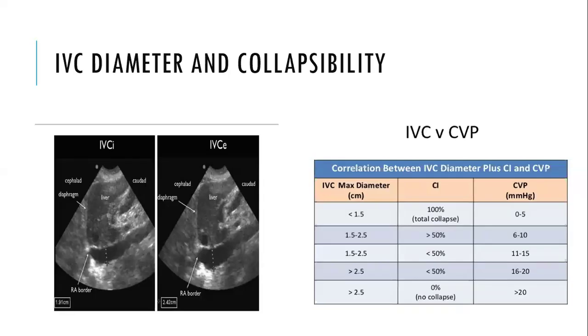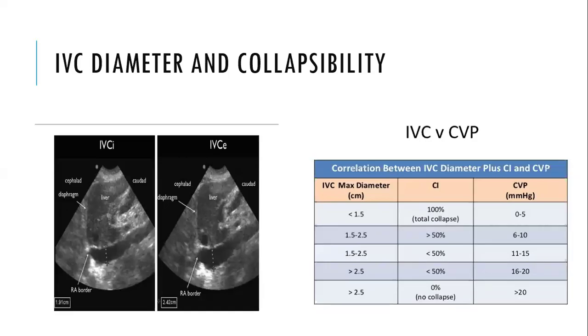If there's less than 50% collapsibility, your CVP is about 11 to 15. And when you have IVC diameter greater than 2.5 with less than 50% collapsibility, your CVP is definitely high. And when you have no collapsibility at all, your CVP is definitely above 20.